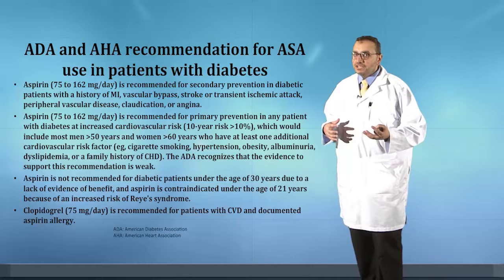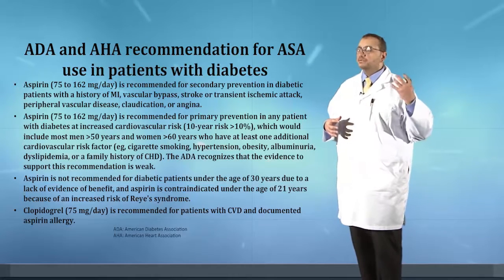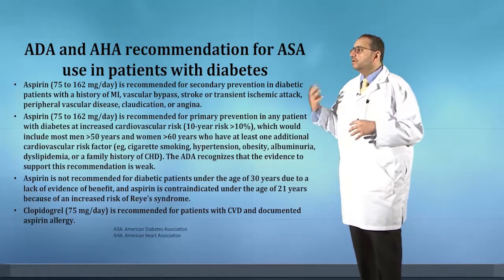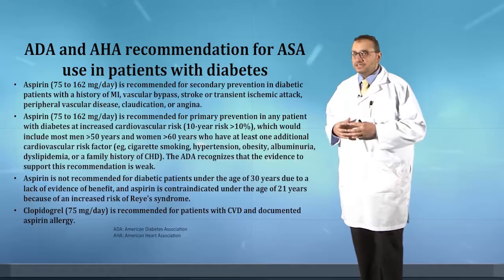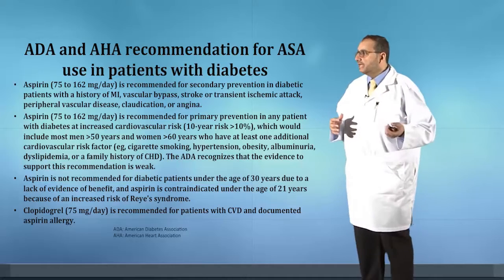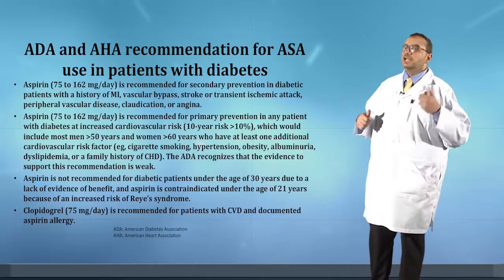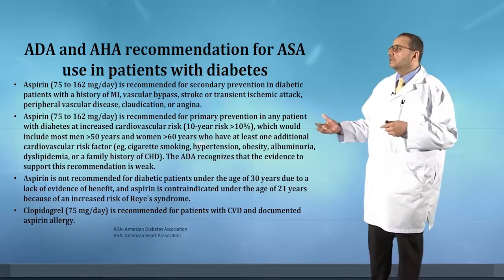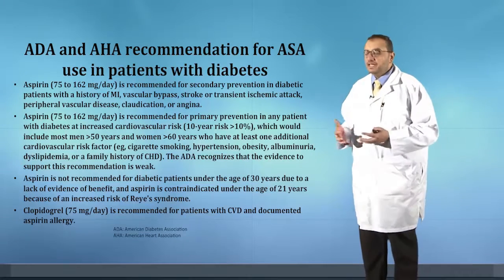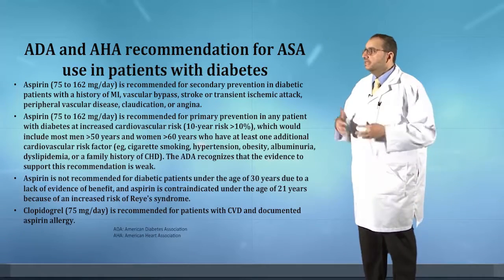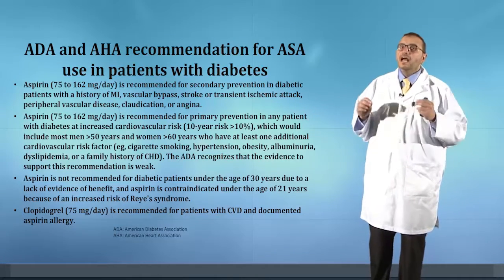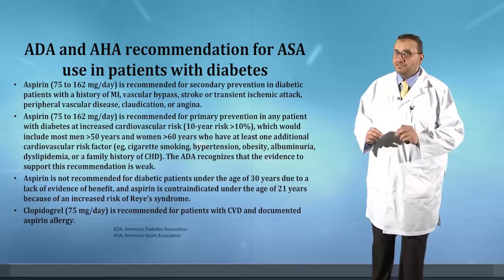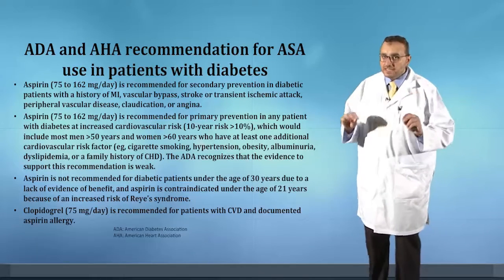If you have a diabetic patient aged more than 50, or a woman aged more than 60, with an additional cardiovascular risk factor like smoking, hypertension, obesity, albuminuria, or a family history of coronary artery disease, then it is recommended to use aspirin in those patients as primary prevention. So let's repeat this again.